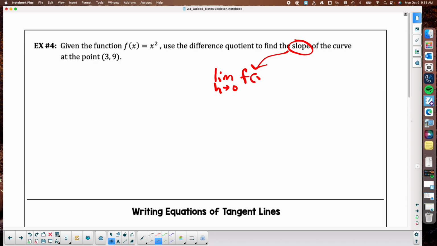So it's f of x plus h minus f of x, and on the bottom, everything cancels but just h, so this is the simplified version. That formula should find us the slope of a curve at any x value, not an individual x value, at any x value. So I'm going to plug in this information with my f of x.